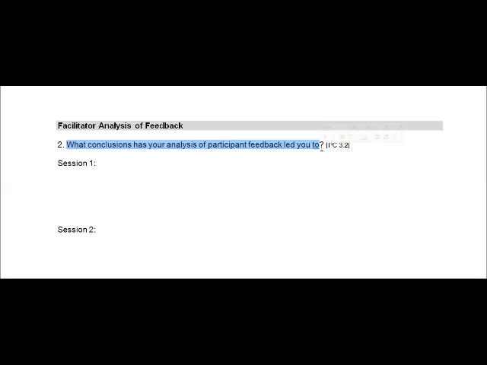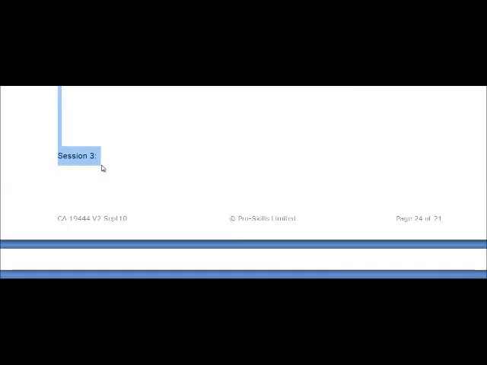What were the main themes that came out? Was there anything that came up that made you think about things you might have to change? What were the positives? Was there any constructive feedback in terms of what you might need to do differently? So this section is just a summary of the key things that you concluded from the feedback from each of those three sessions.